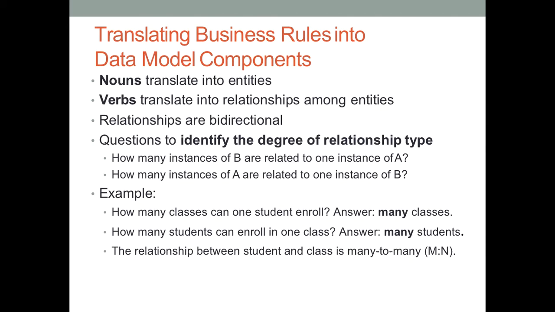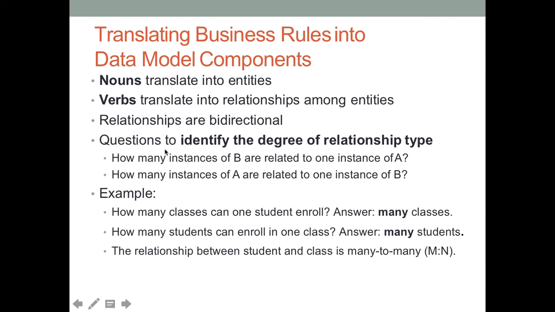From this business rule, you can infer, first, customer and invoice are objects of interest for the environment and should be represented by two entities. And then there is a generate relationship between customer and invoice.